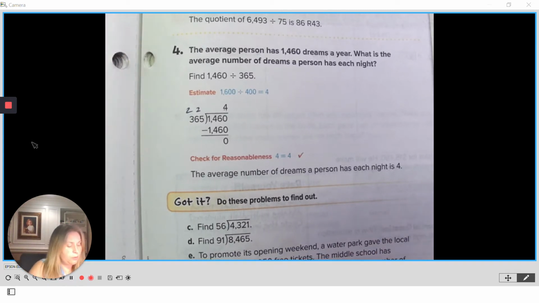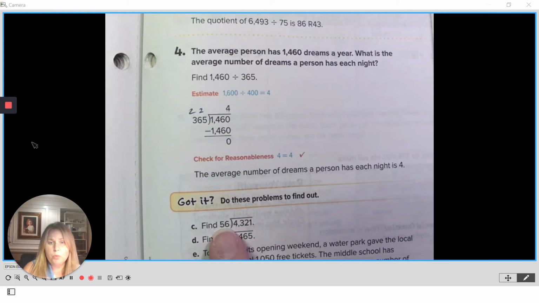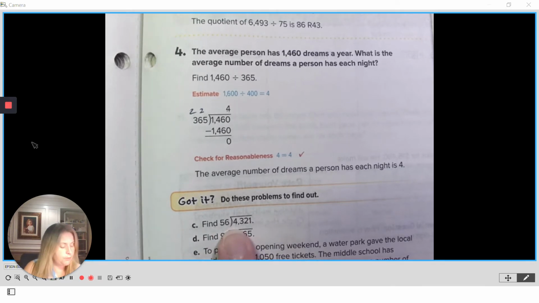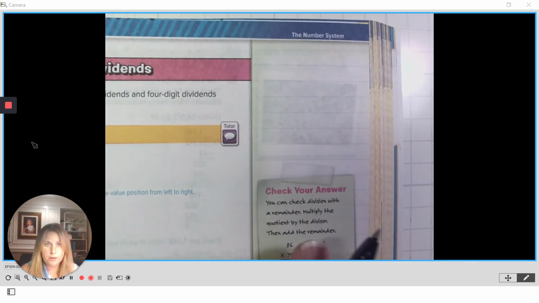Okay, so then we have some example problems to work out here. Letter C, we have 4,321 divided by 56. Okay, so we don't really have a lot of room right here. Let's work over on the side at the top. Okay, so that was 4,321.